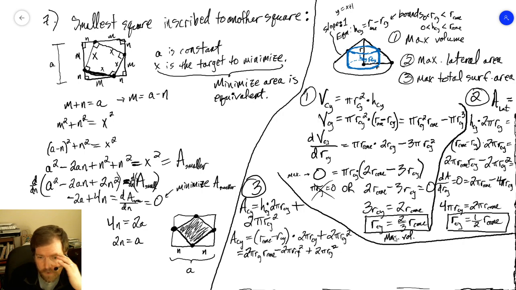Hopefully I didn't bin this whole thing. Plus pi r squared for the top and pi r squared for the bottom. So that's 2 pi r squared. It's the radius of the cylinder that we're using here for the caps. So that should be those two.